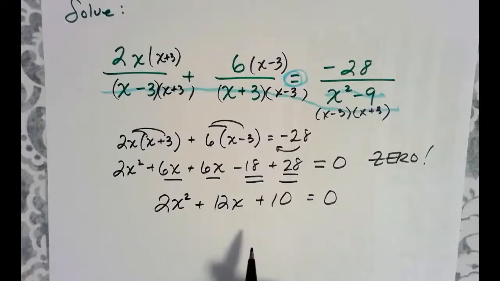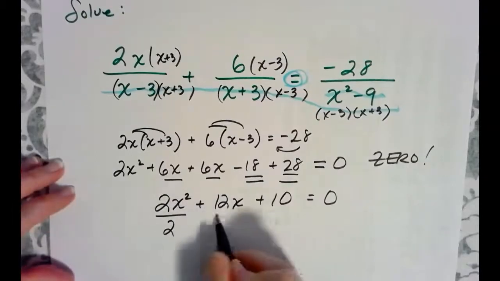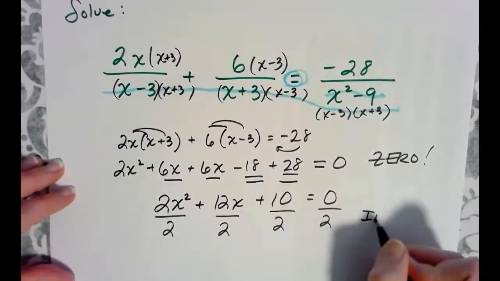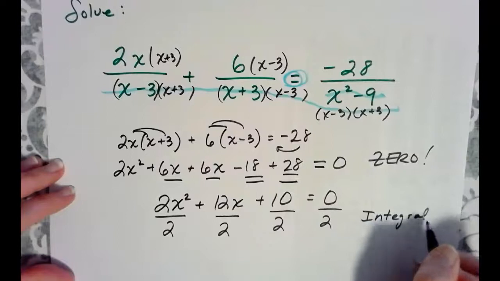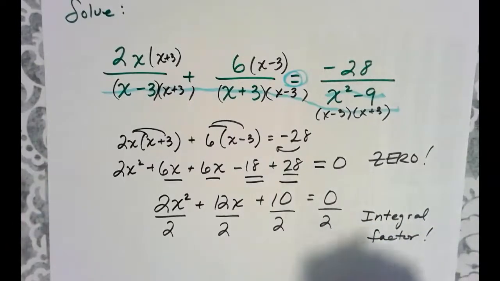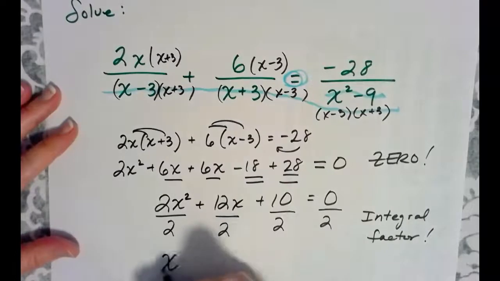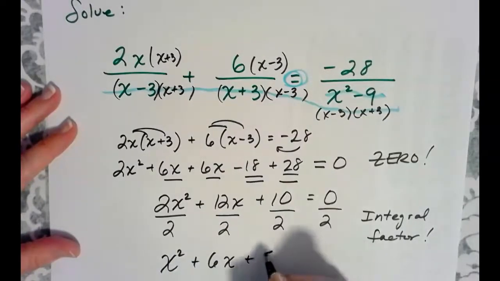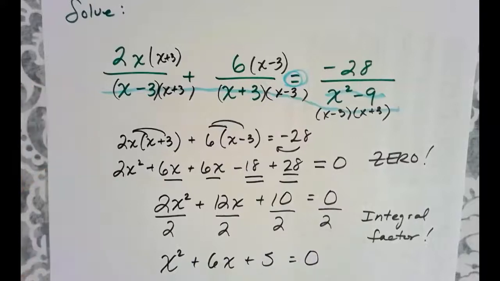So we can make all of these numbers smaller by dividing away their common factor of 2, which is an integral factor. And we can always divide away an integral factor. We just cannot divide away a variable factor. And this leaves us with x squared plus 6x plus 5 equals 0.